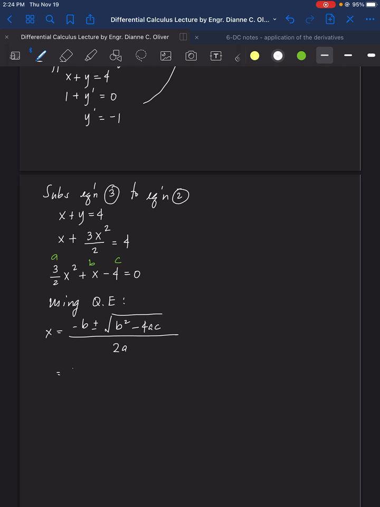Input the values: negative 1 plus or minus the square root of 1 squared minus 4, a is 3 halves, c is negative 4, all over twice of 3 halves.